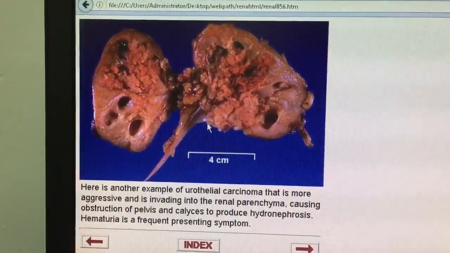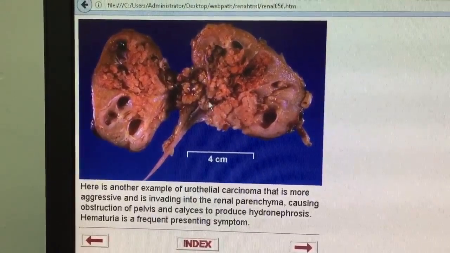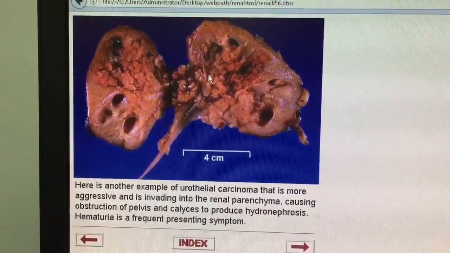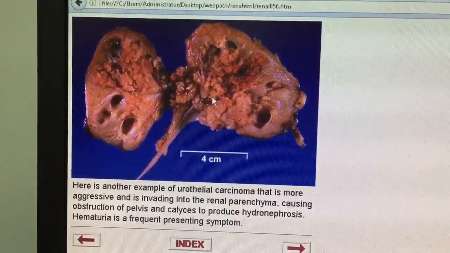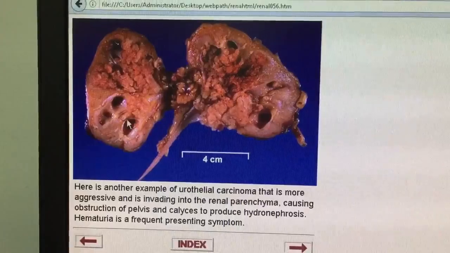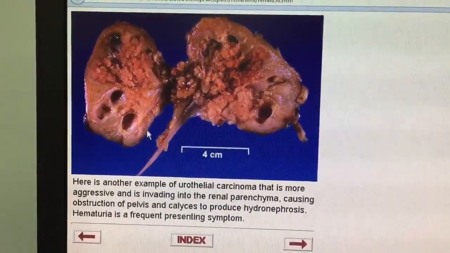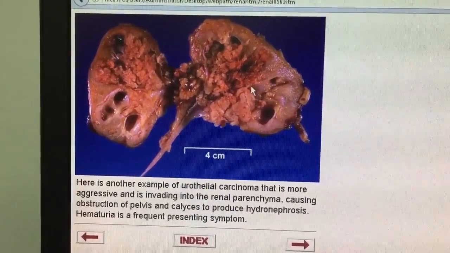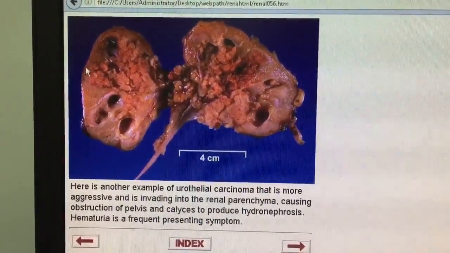Another example of invasive urothelial carcinoma occupies the entire renal pelvis, leading to obstruction of the flow of urine from the pelvicalyceal system and massive dilatation of calyces with formation of secondary hypertension. Also, you can see here the tumor infiltrating into the renal parenchyma.